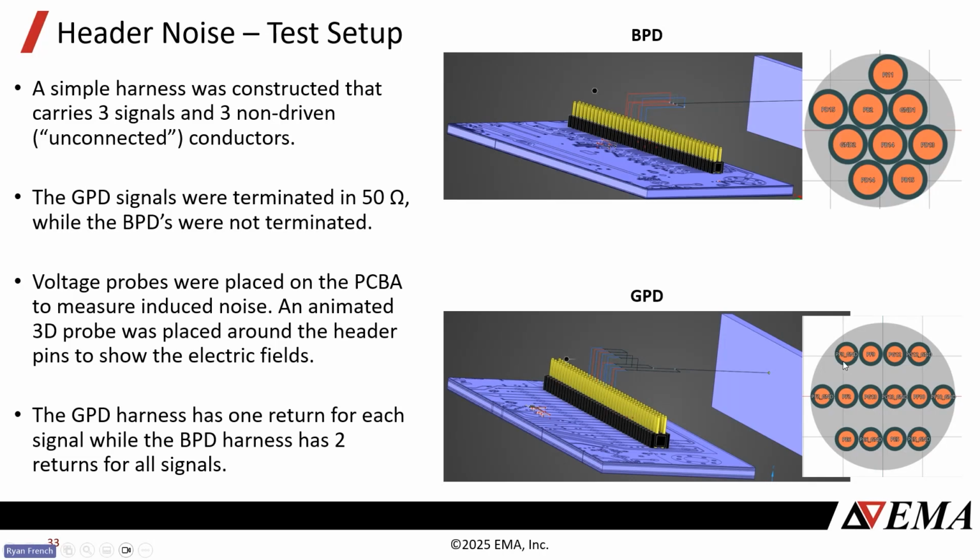The good design, on the other hand, has a ground for every single signal in that harness. In addition, because the good design has termination resistors on it, I wanted to make sure that the signals indeed were terminated. So I added a couple of 50 ohm resistors to this board to make sure it's properly terminated.